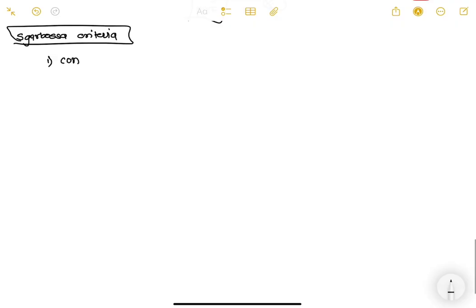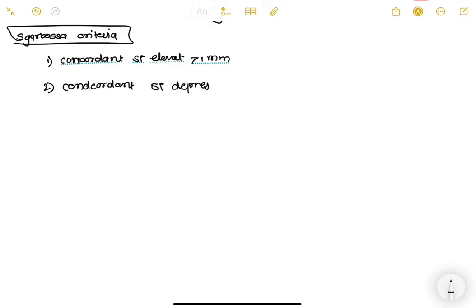First, concordant ST elevation more than 1 mm. I will tell you the meaning of concordant and discordant. Then concordant ST depression more than 1 mm. The third one is discordant ST elevation more than or equal to 5 mm.